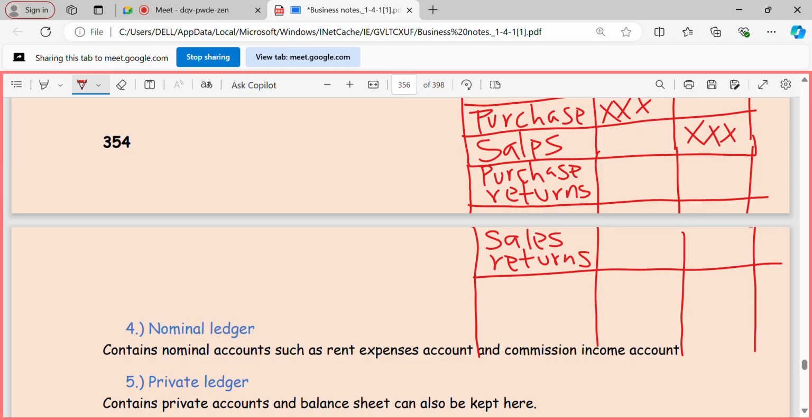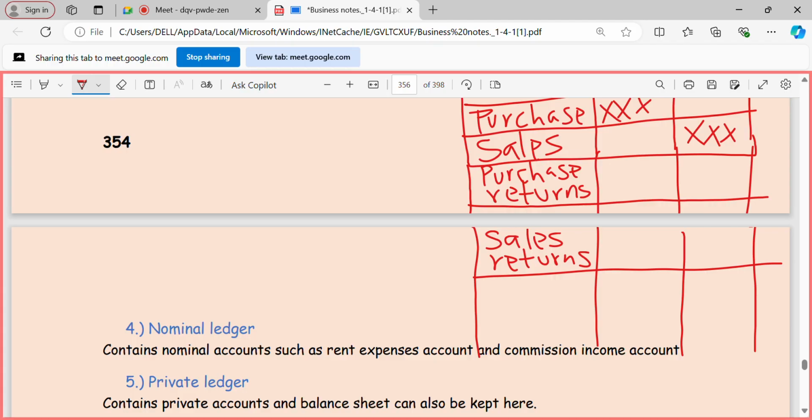Okay, so let's talk about purchase returns. This one is now very important, candidate. Inafaa ujue purchase returns unaweka wapi. Sometimes you can buy something, then after buying that thing you can decide to take it back to the owner. What are some of the reasons for a business person to decide to return the commodity you had bought to the producer?